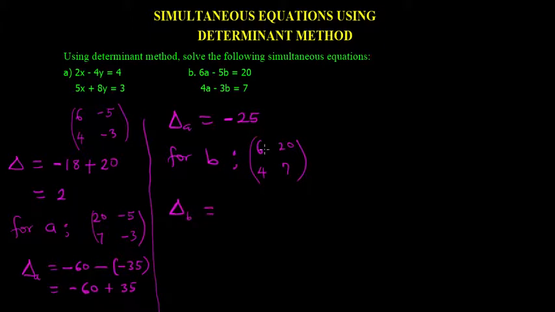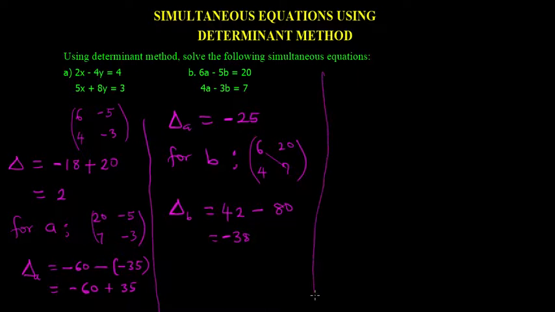We multiply this diagonal, 6 multiplied by 7, and that gives us 42, minus, we multiply this diagonal, 20 by 4, and that gives us 80. Therefore, it becomes 42 minus 80, that gives us minus 38. So the determinant of b is this.